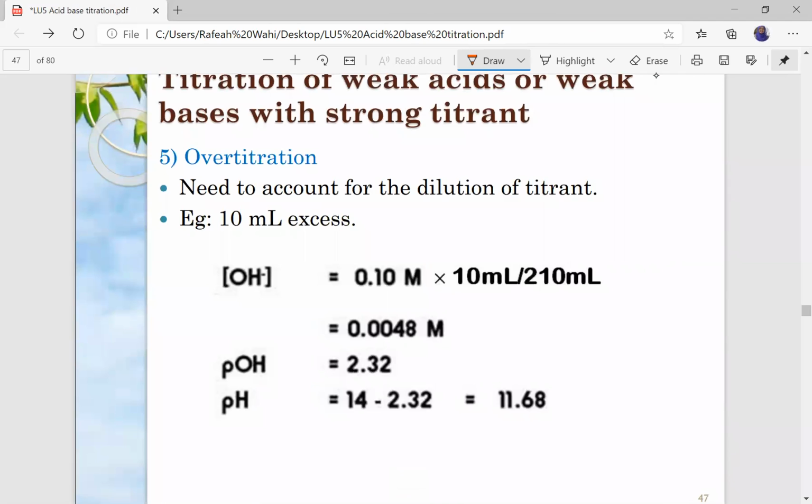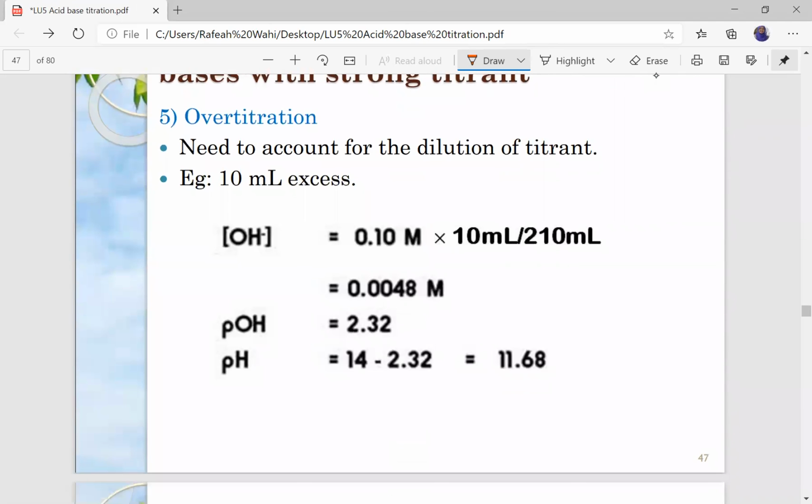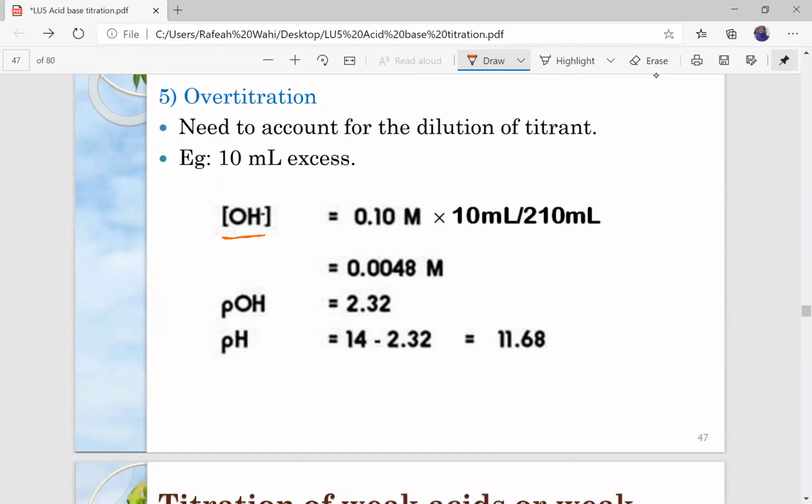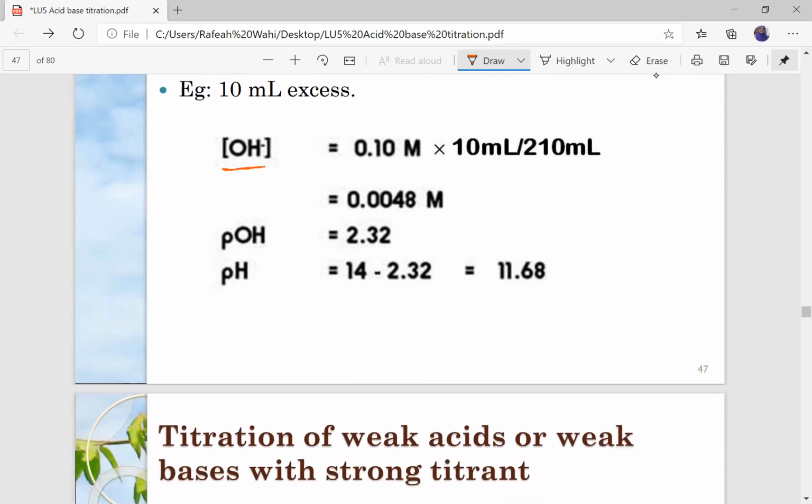Okay. For over titration. Right. So for over titration, you calculate the excess hydroxide ion. Remember just now, the calculation for over titration is similar to the calculation for a titration between strong acid and strong base. Okay.